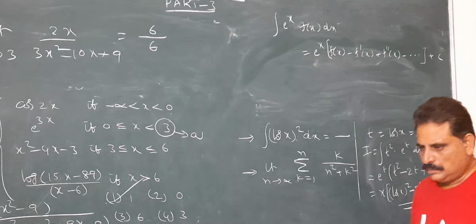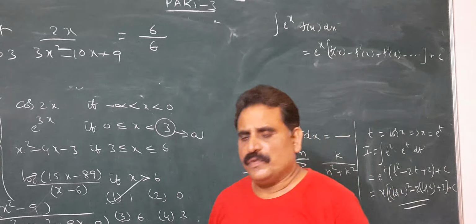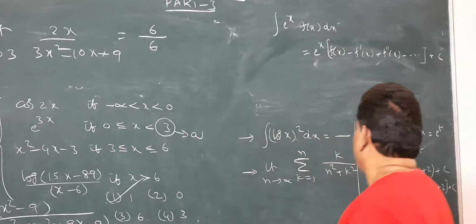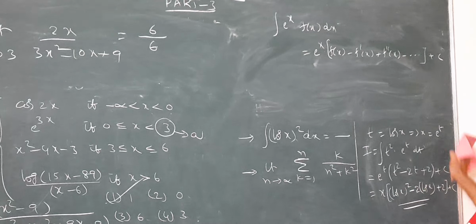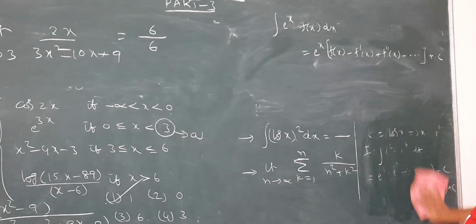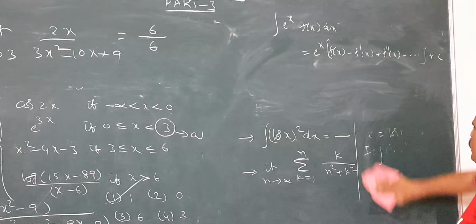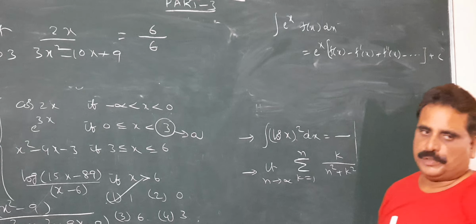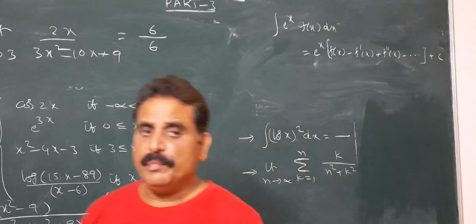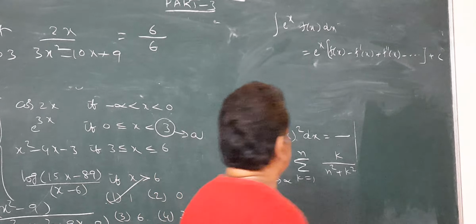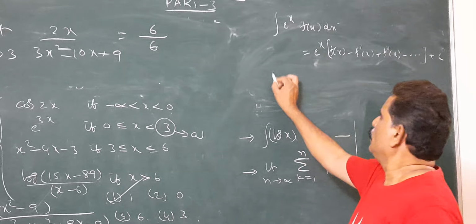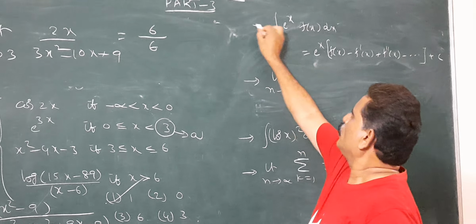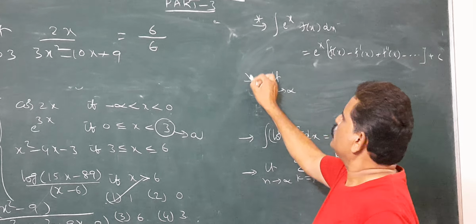This is integration as the sum of infinite limit, which belongs to definite integral. So we have a formula; note it down.